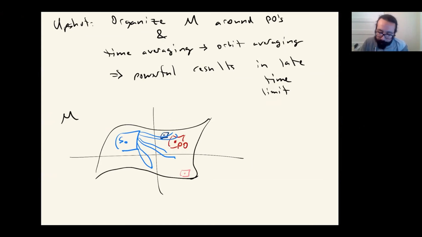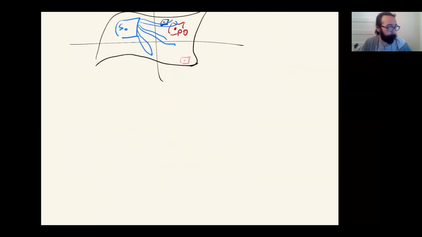When you're overlapping with that neighborhood, this is where you get the weights for describing your average in terms of averaging over orbits, because these periodic orbits tessellate all of phase space. And as you time evolve, you spread out over phase space and you spend some amount of time in these different periodic orbits.